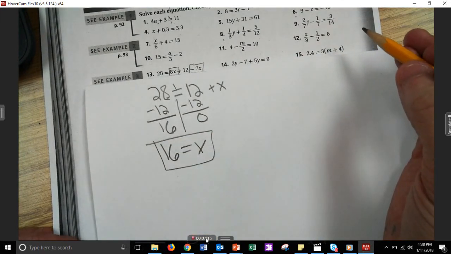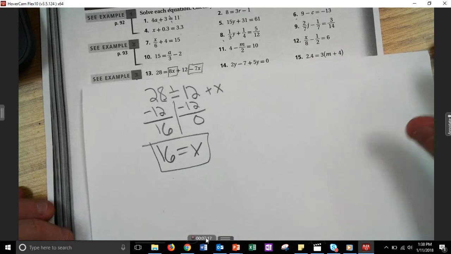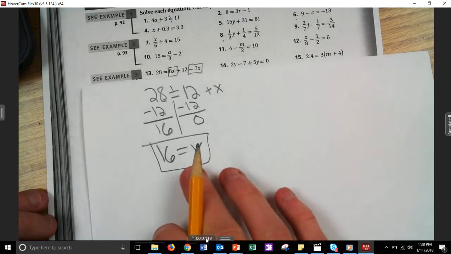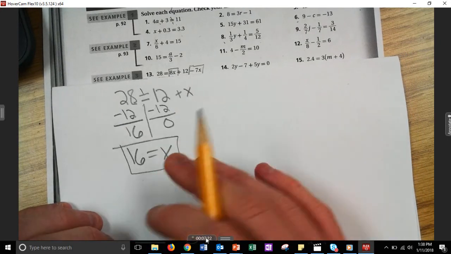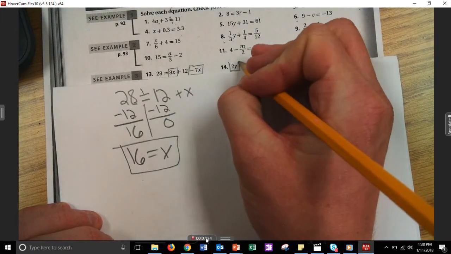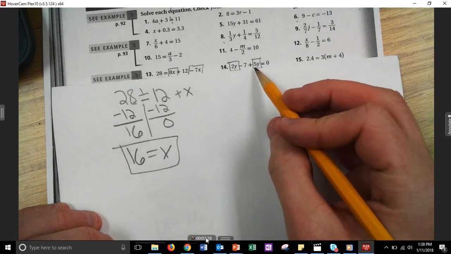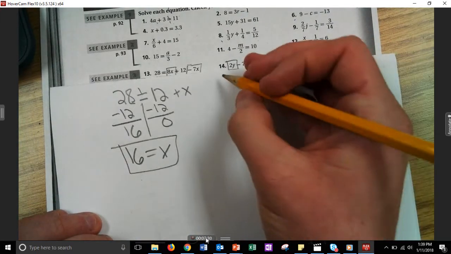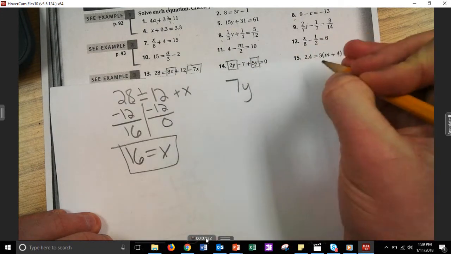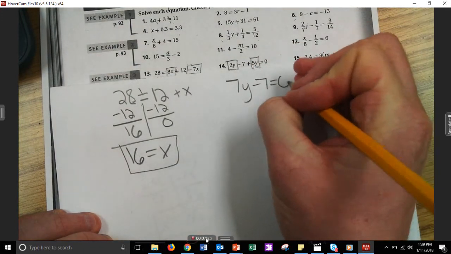Easy peasy. So let's try one more just because this is a different kind of equation for 14. Same thing. We need to combine our like terms. So 2y plus 5y is 7y. So 7y minus 7 equals 0.